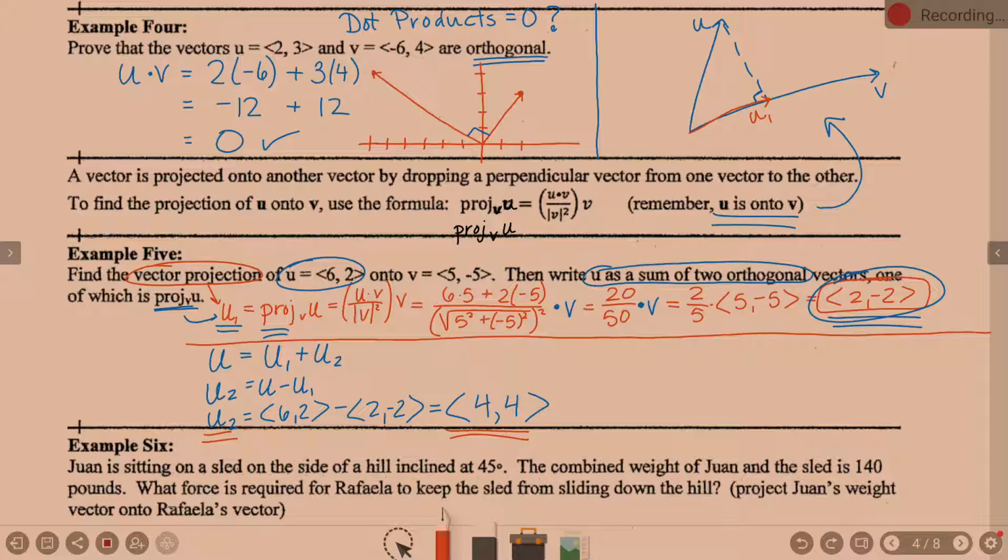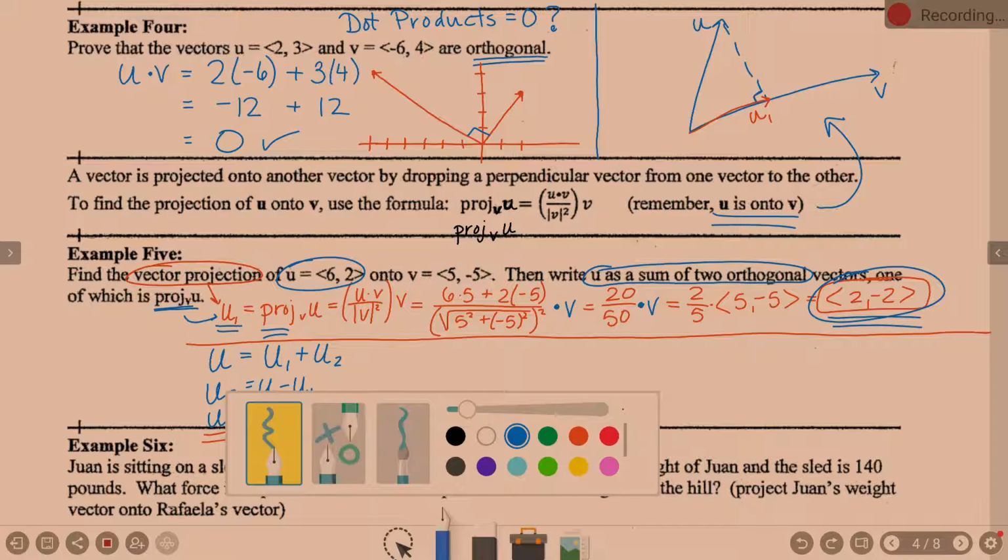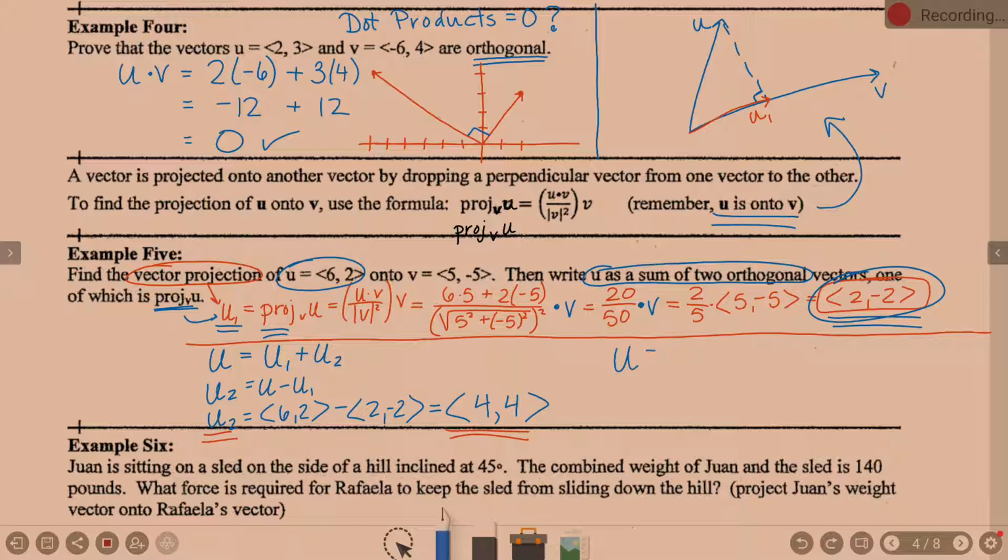So we were asked to write u as the sum of two orthogonal vectors, one of which is the projection, so one of which is u1. So what I can write here is that u is equal to u1, which was 2, negative 2, plus u2, we just found it by subtracting it.